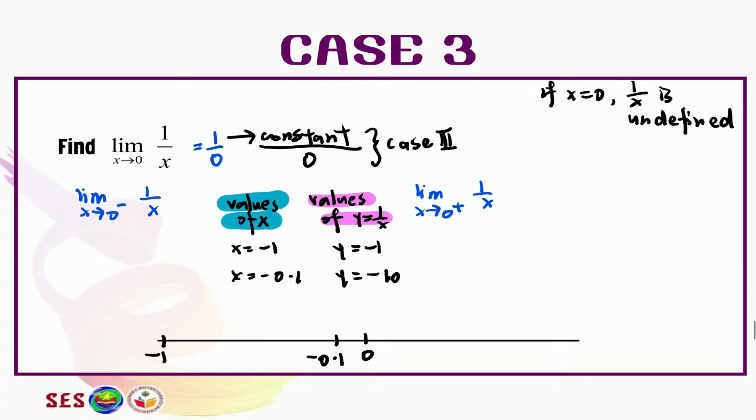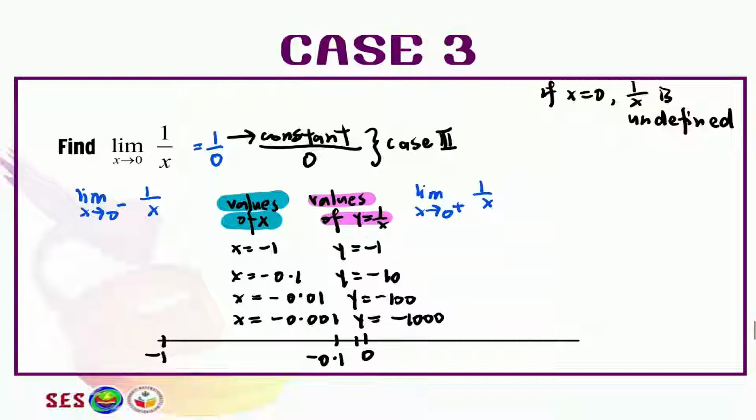Let's take x equals negative 0.01. And if x is equal to negative 0.01, y would be negative 100. Let's get even closer than that. When x is equal to negative 0.001, y would be negative 1000. And the pattern continues.